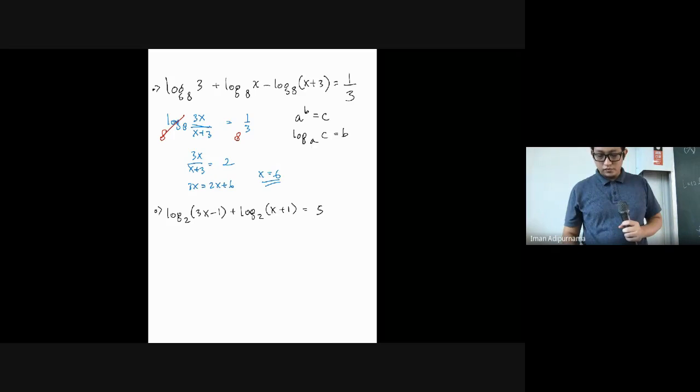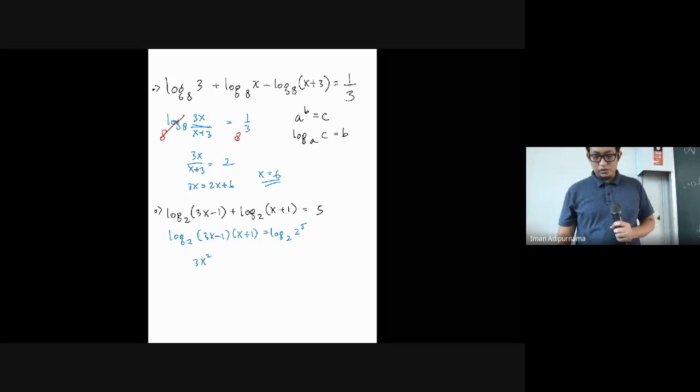Okay. Let me do this. Log 2, 3x minus 1, x plus 1. You can do it like log 2, this is 2, 5. So 3x minus 1, I will multiply x squared minus x plus 3 minus 1 plus 2, right? Plus 2x.